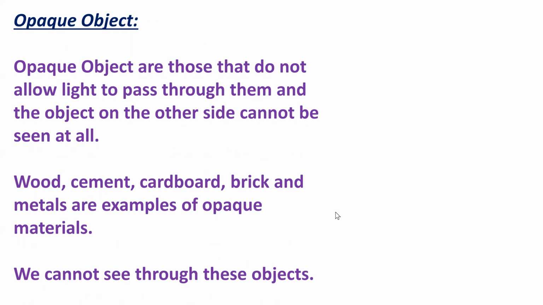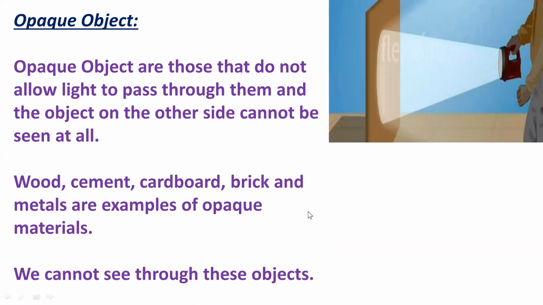But in an opaque object we cannot see the other side, because the object blocks the path of light. So it is called an opaque object.